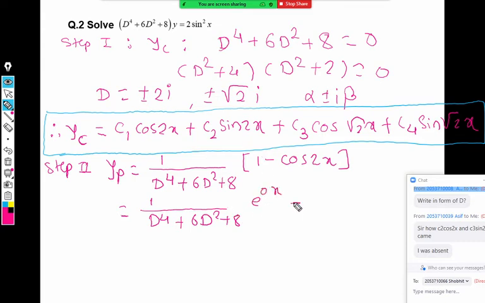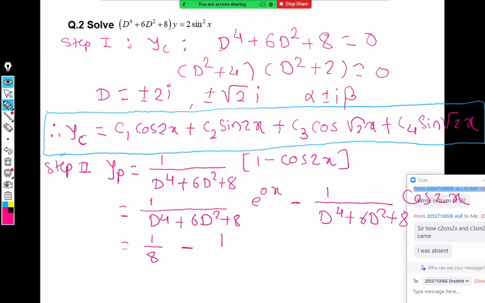Then minus 1 upon d4 plus 6d square plus 8 of cos 2x. In the first case we replace d by 0, so it is coming 1 upon 8. e raised to 0x is 1, so 1 by 8 only.